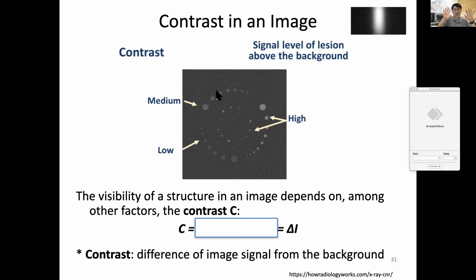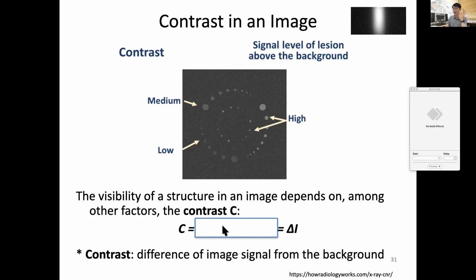Even if the objects are the same, depending on the signal level with respect to the background, you can define contrast. So the meaning of contrast is really about the difference of signal from your object relative to the background. The visibility of a structure in an image depends on, among other factors, its contrast.